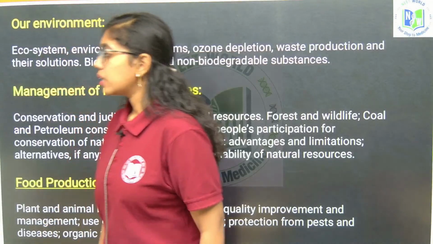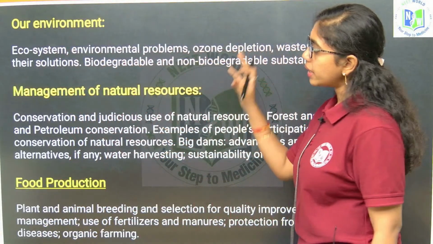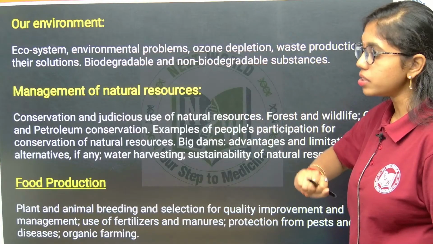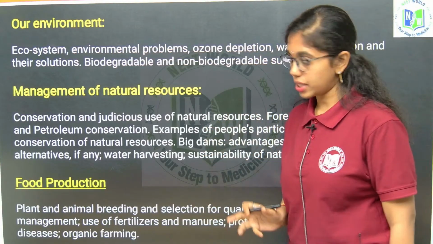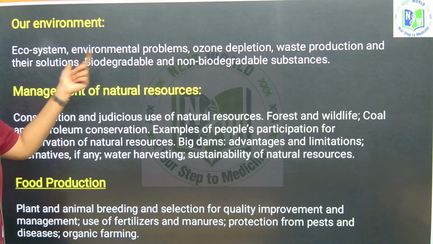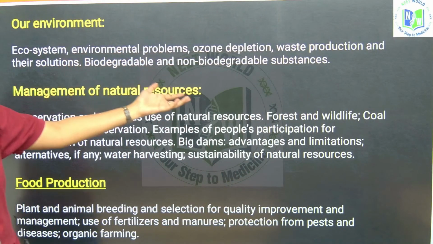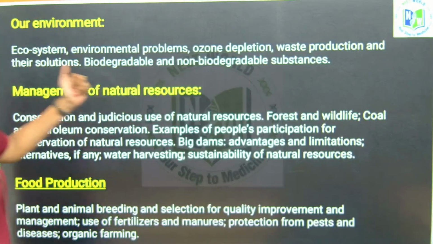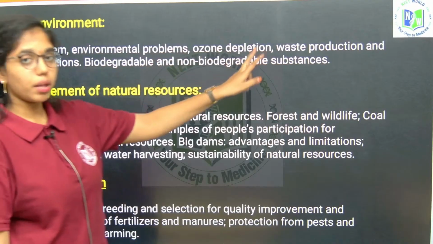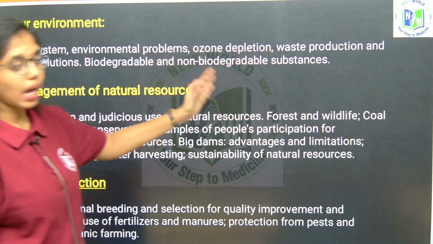Lastly, the last concepts under biology which are included in the NSEJS exam: under our environment, ecosystem, environmental problems, ozone depletion, waste production and their solutions, biodegradable and non-biodegradable substances, all these are included.